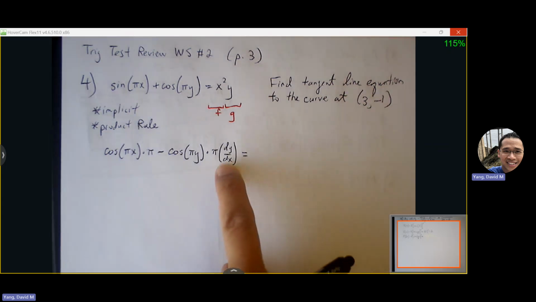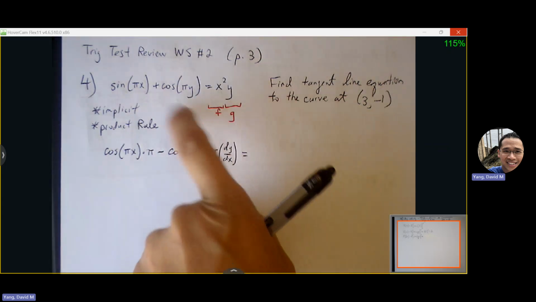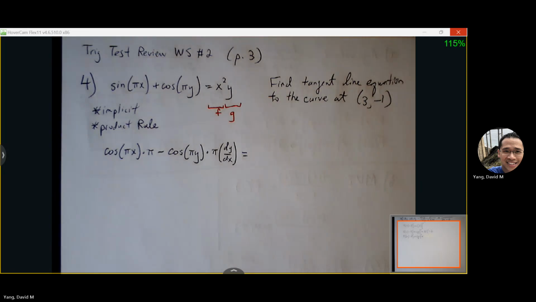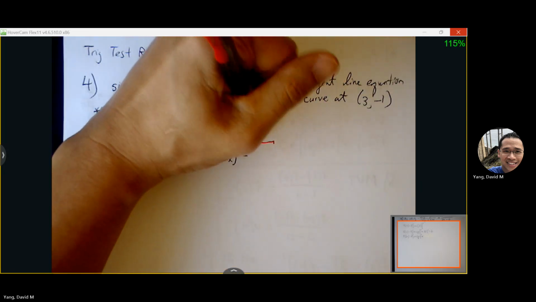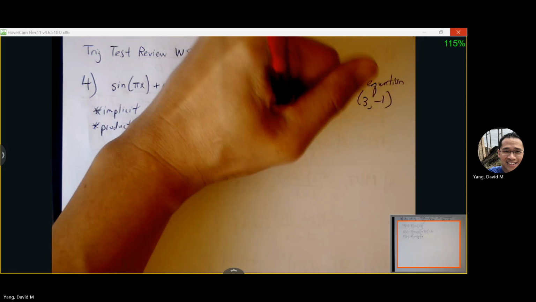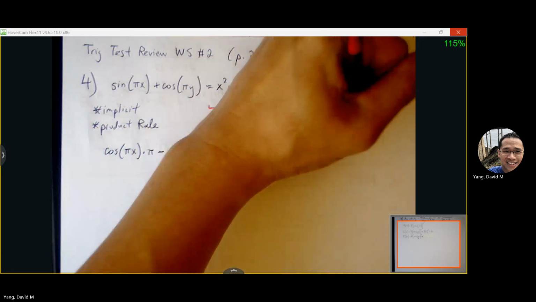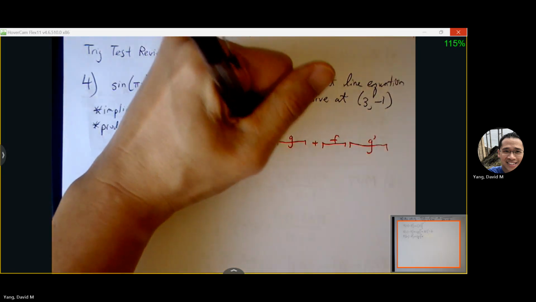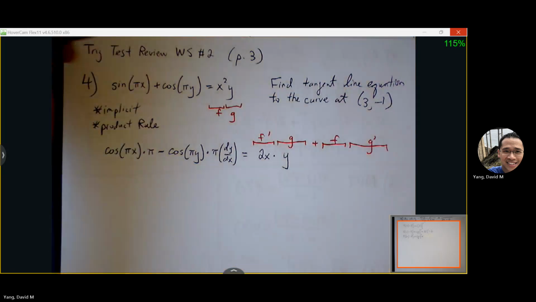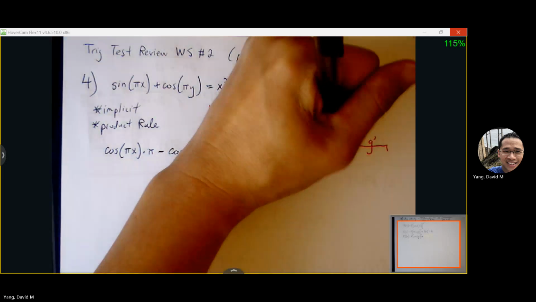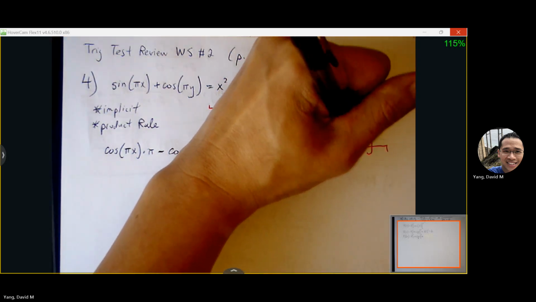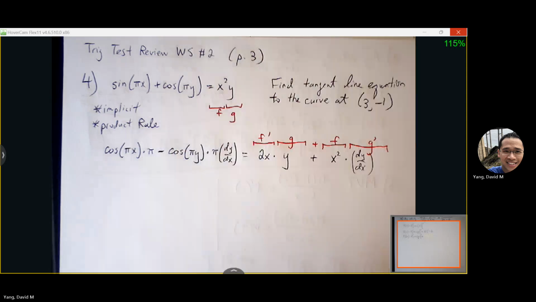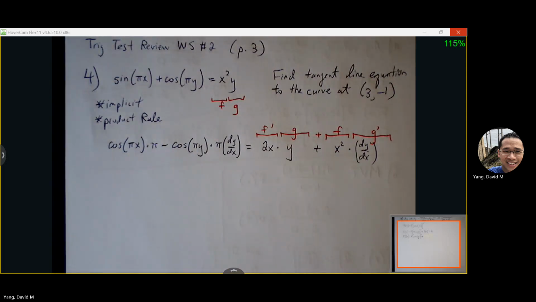The first one is going to pop up here, and the second one will pop up when I go through a product rule here. Any questions here?